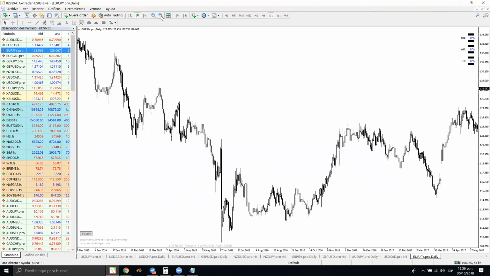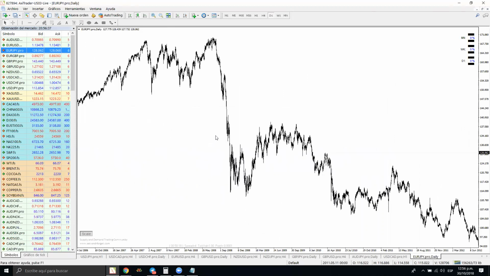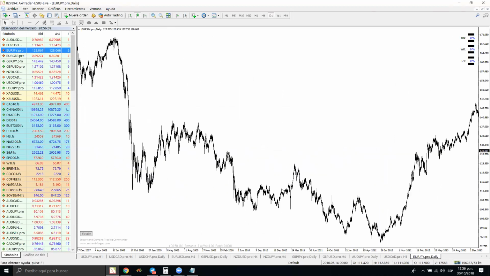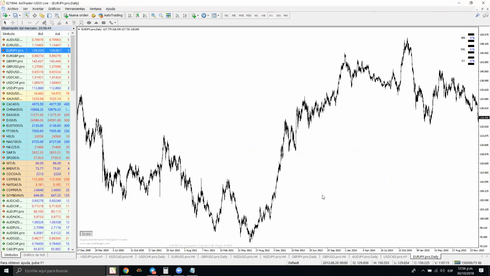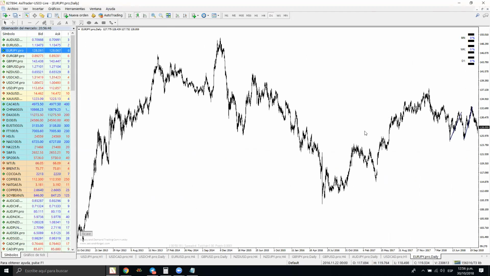The opportunities are going to be higher. All this trend is going to be from low. The pullback, the low, the pullback, the low, and there is always going to be more direction to go down.